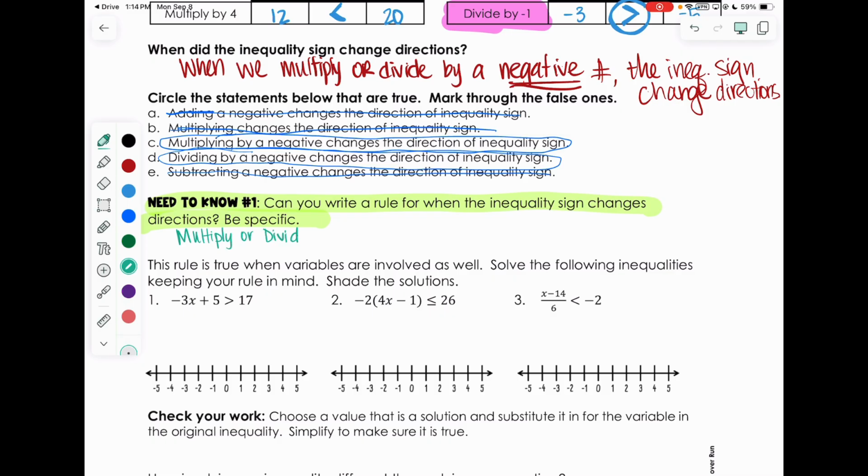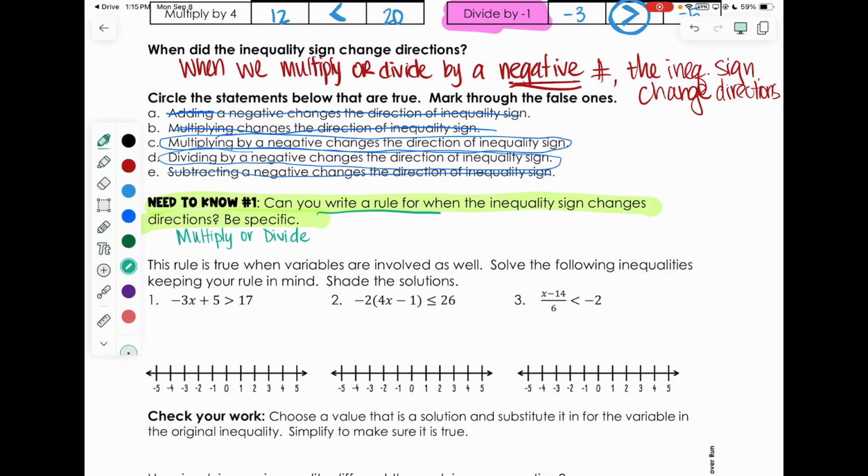Are you giving an example? I don't understand exactly, but I mean, write a rule. Just a statement. Yeah, you don't have to overthink it. Just tell me what you're supposed to remember so you don't forget it.